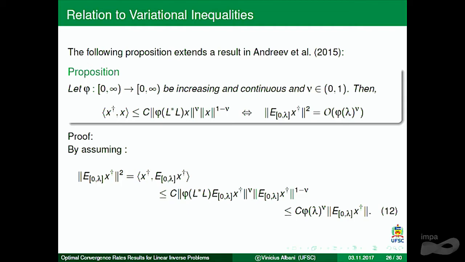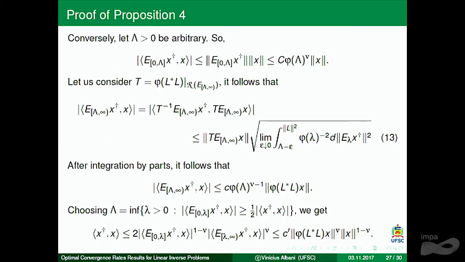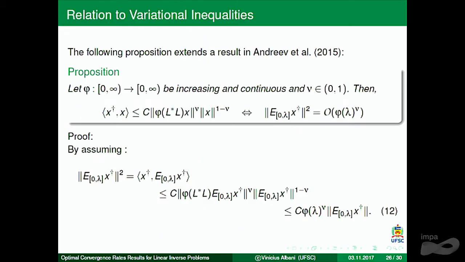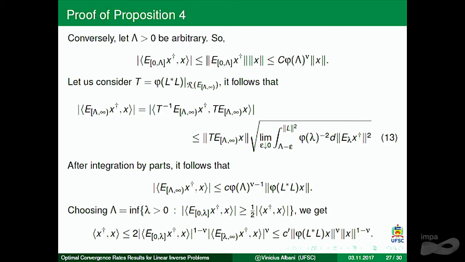And then just use the fact that this is an increasing function. So we have the estimate. But the converse is more involved because we need to break this scalar product into these two parts.